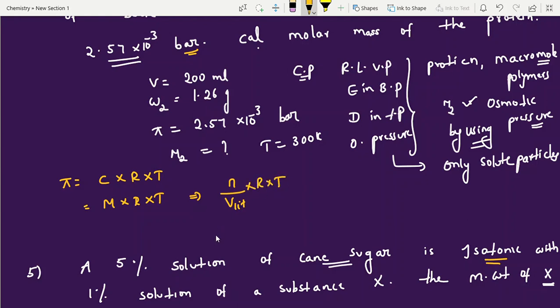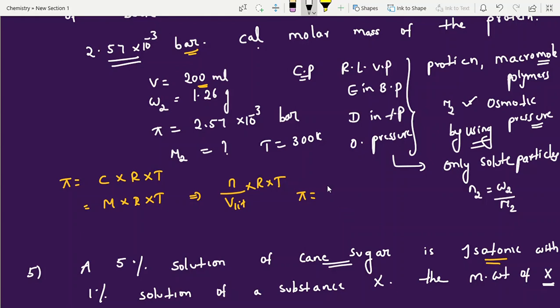Here the numerical is given in ml. So finally what will you take as your formula? Pi equal to n2 by V. What is n2, students? Number of moles equal to weight by gram molecular weight, that is W2 by M2, molecular weight.